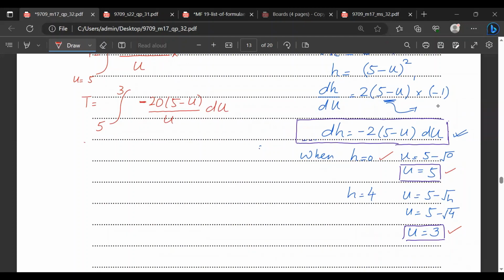So there is a result that if you remove the negative sign, you can change the limits. As it is previously from 5 to 3, when you remove this negative sign, it is from 3 to 5.